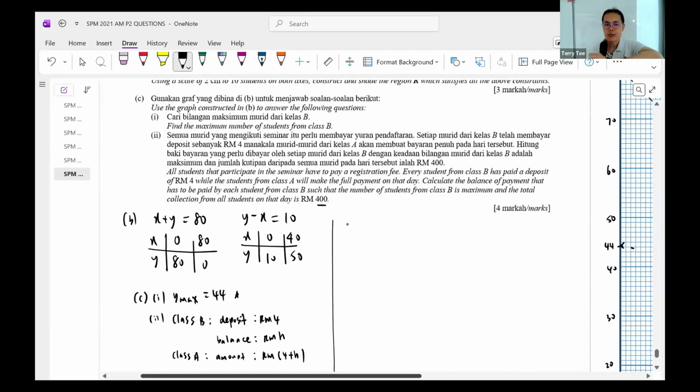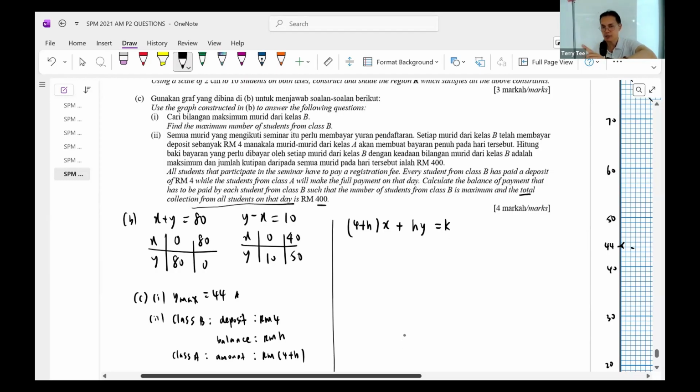Okay, so how much does class A have to pay? 4 plus H. How many students from class A? X. How much does class B have to pay on that day? H ringgit times Y, because the question says total collection from all students on that day. So K is your objective function.